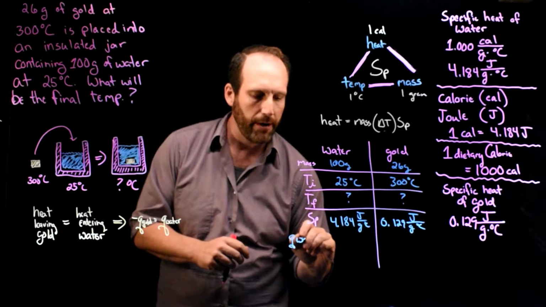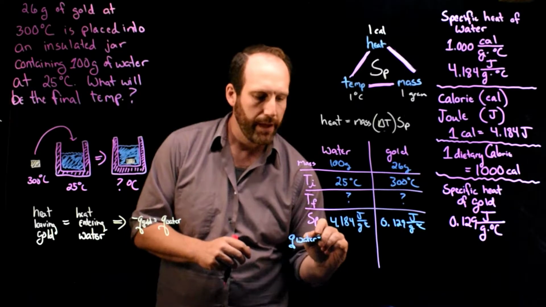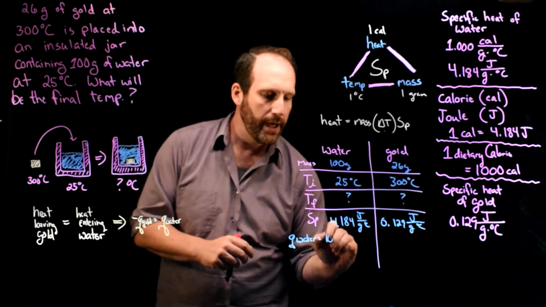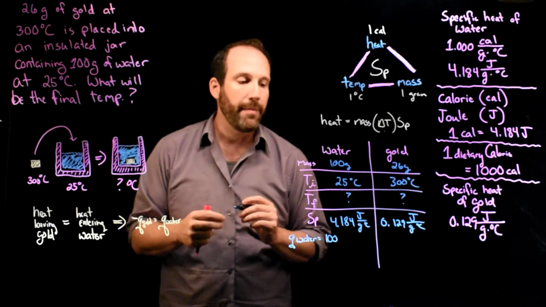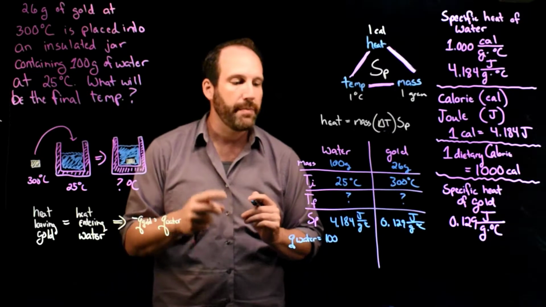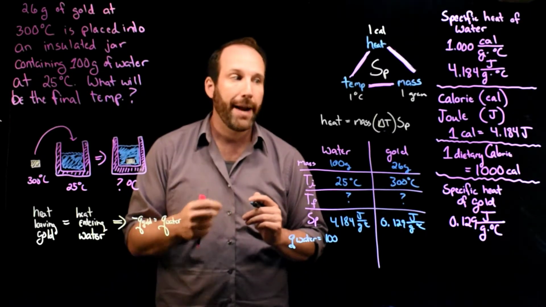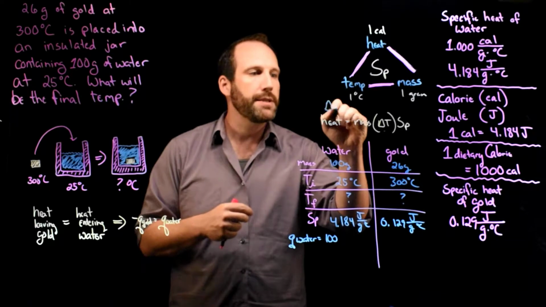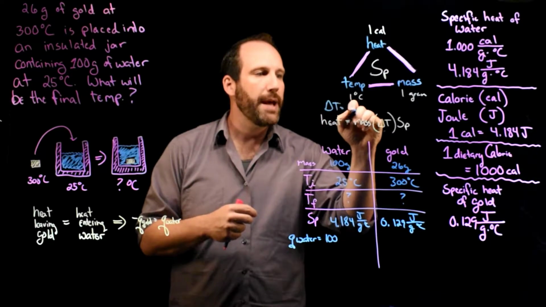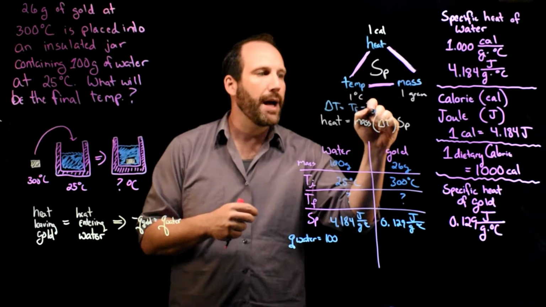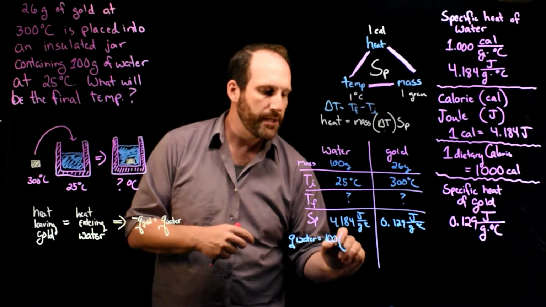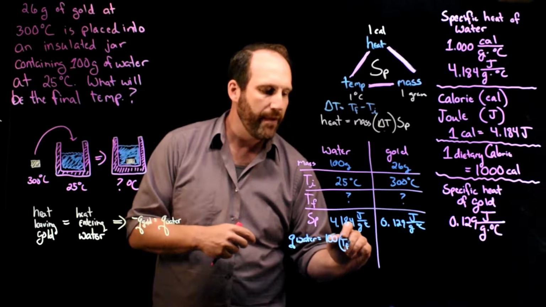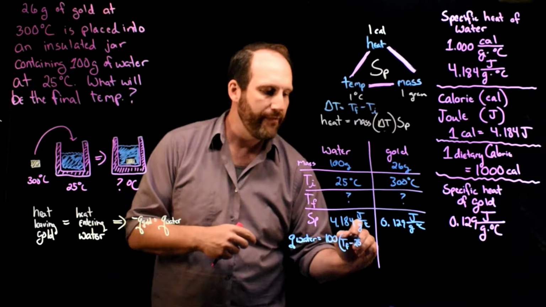We can say that the Q of water is going to equal 100, times delta T. And remember, delta T is always going to be our final temperature minus our initial temperature. Delta T equals T sub F minus T sub I. So we can say delta T is going to be T sub F minus 25.